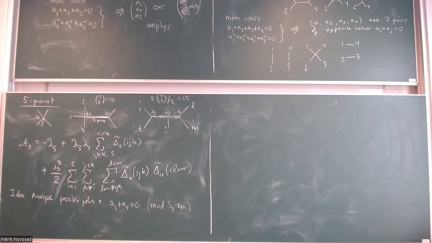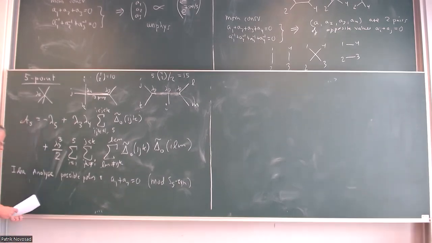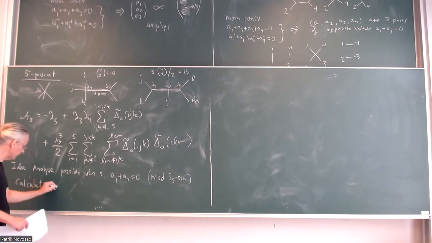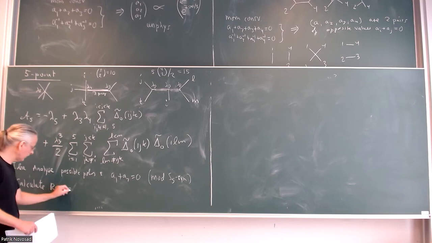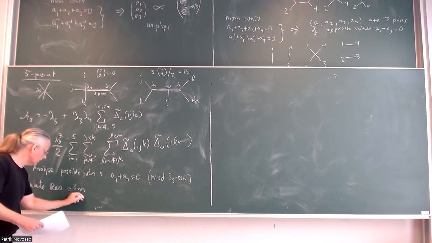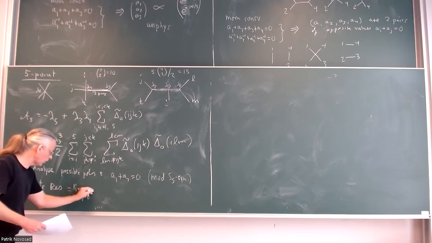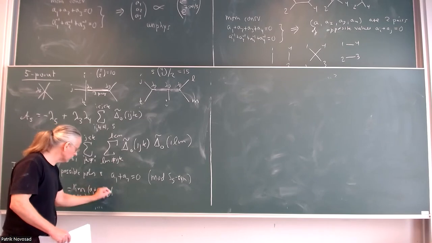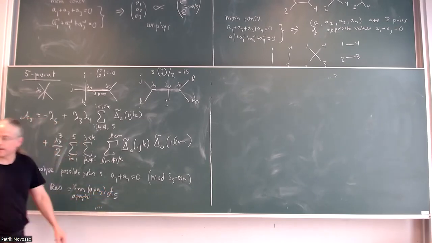And so the point is now that we should calculate the residue, which is the limit of A1 plus A2 going to 0 of A1 plus A2 times this amplitude A5.